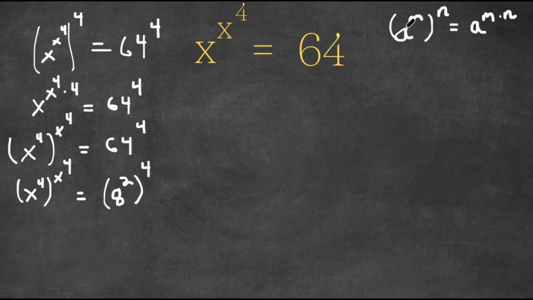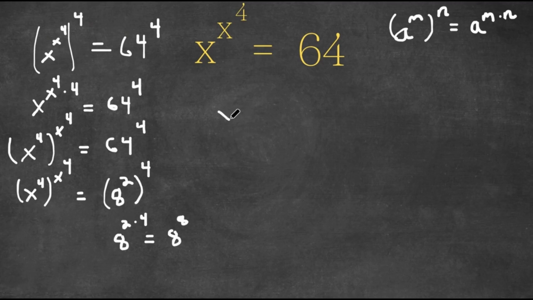Now remember this property. If we have a to the power of m to the power of n, this is equal to a to the power of m times n. So 8 to the power of 2 to the power of 4 is equal to 8 to the power of 2 times 4, which is 8 to the power of 8.